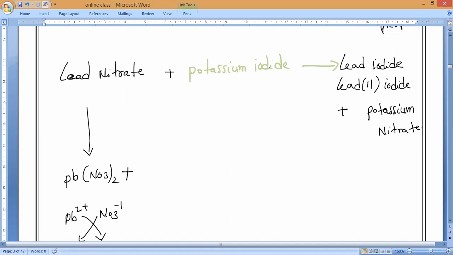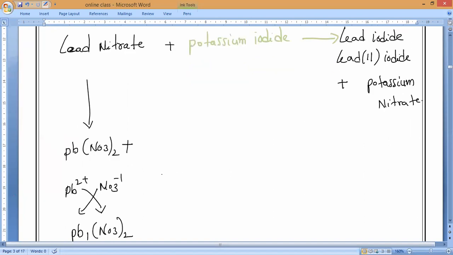Potassium iodide. K plus 1, iodine minus 1. Both are from this group, so K1 I1, which equals KI. So potassium iodide is KI.